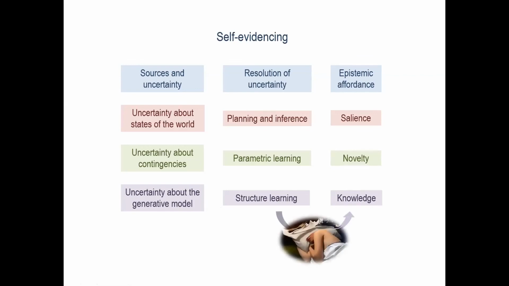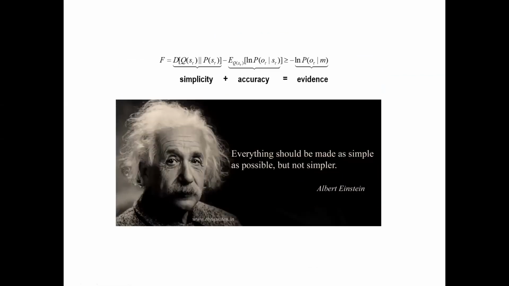So that may or may not involve going to sleep, but it certainly does involve coming back to this notion of minimizing complexity as one important way to resolve uncertainty or optimize the expected free energy.